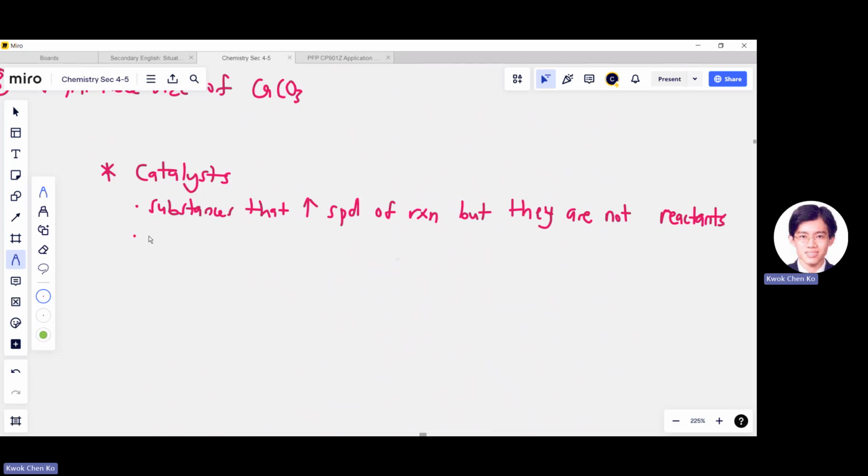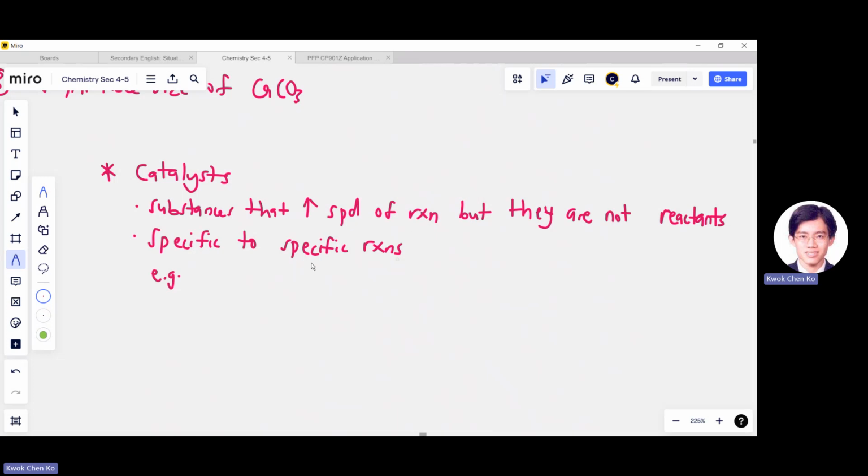Okay, there are all sorts of catalysts. However, you need to know they are specific. Yes, iron. Specific reactions. So for a different reaction, you have a different catalyst.